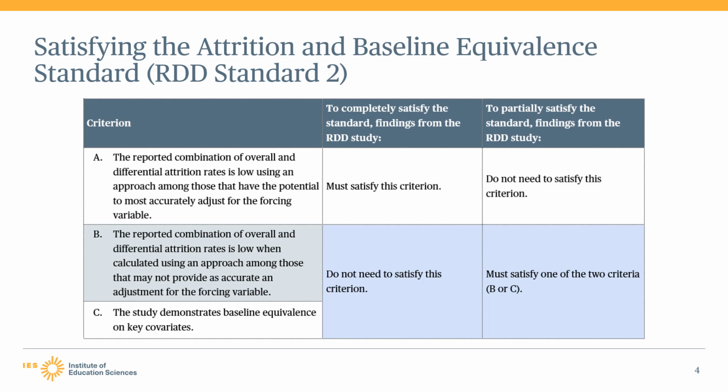If an RDD study finding does not satisfy either of these two criteria, the study will not satisfy RDD Standard 2. We will now describe the criteria for this RDD Standard 2 in greater detail.